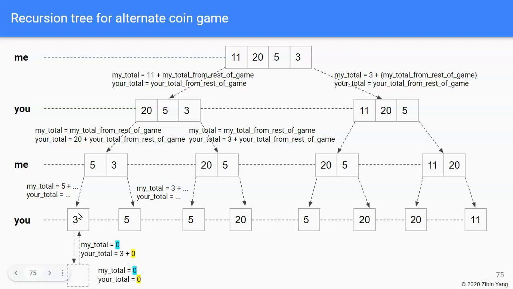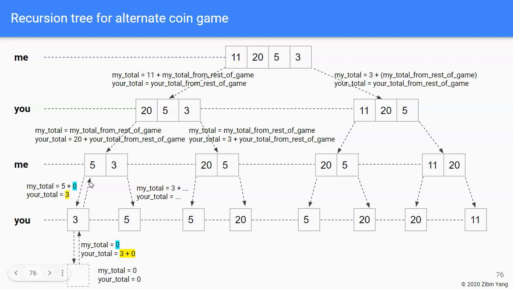However, because at this turn, you pick the coin 3, your total at this point is actually going to be 3, right? And that's intuitive. You have one choice. You have coin 3, so your total is 3, my total is 0. But that's what happens when it hits the base case and things kind of turn around. So what happens next is that it will return my total, which is 0, and your total, which is 3, up this branch.